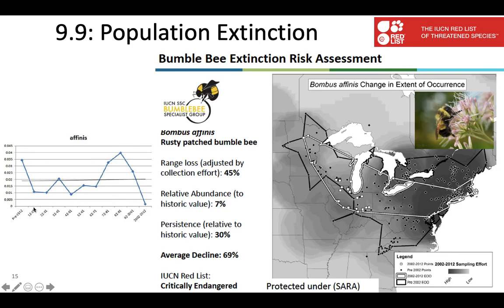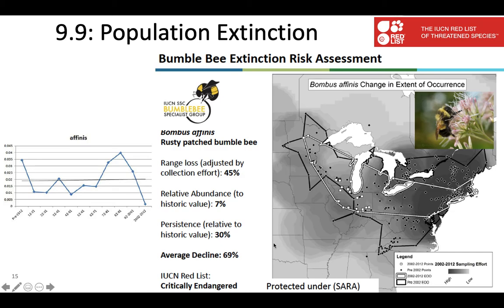So this is a graph of Bombus affinis, the rusty patch bumblebee decline, based on museum records of collected bumblebee specimens, and you can see a really precipitous decline starting in the 90s. They're now critically endangered. It's the only bee in the continental U.S. that is currently listed on the endangered species list.